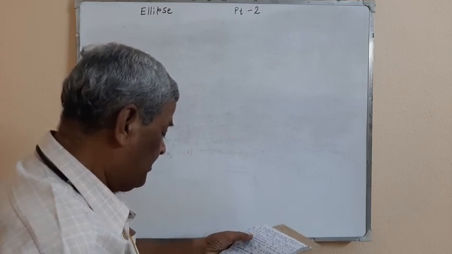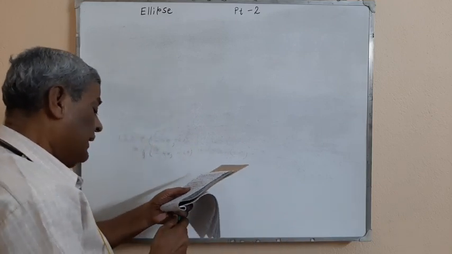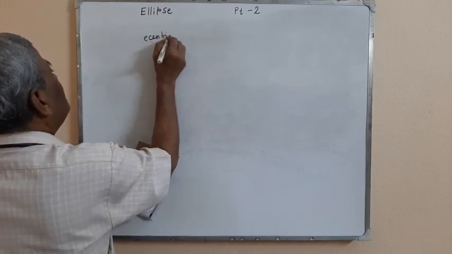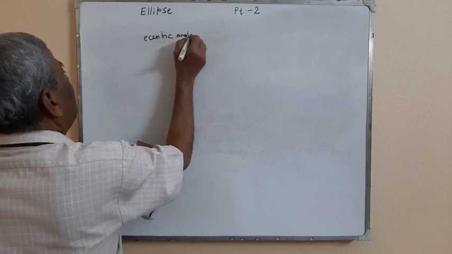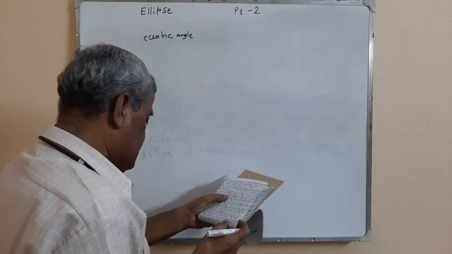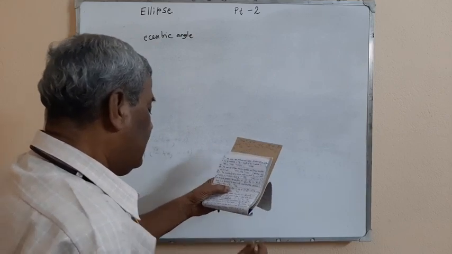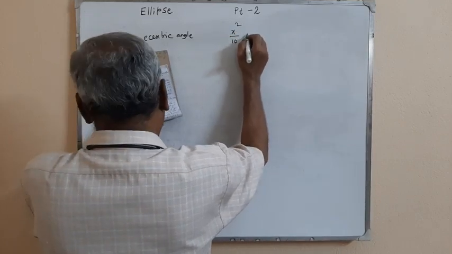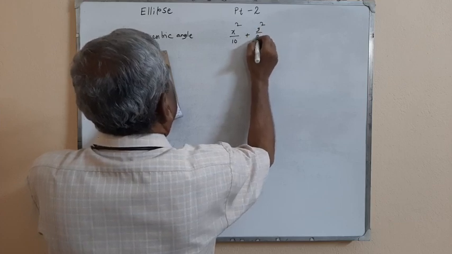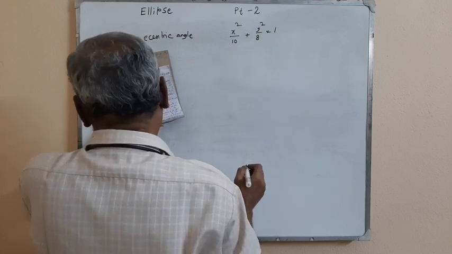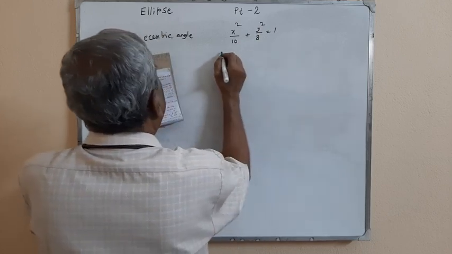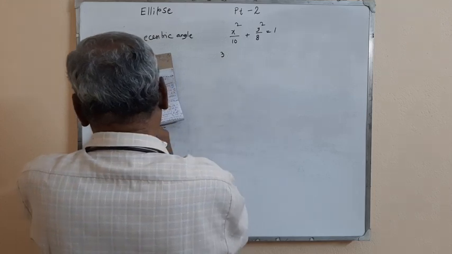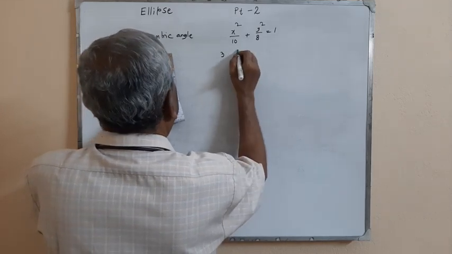Now, next problem: the eccentric angle of a point in first quadrant of x square by 10 plus y square by 8 is equal to 1, which is at a distance of 3 units from center.